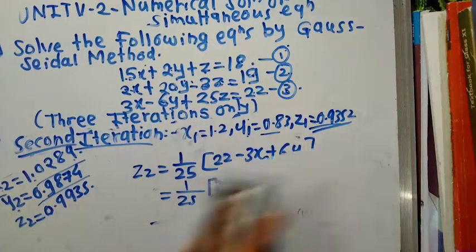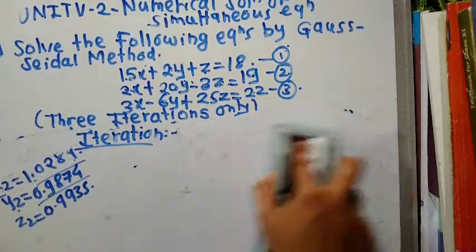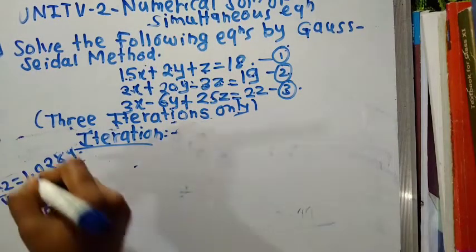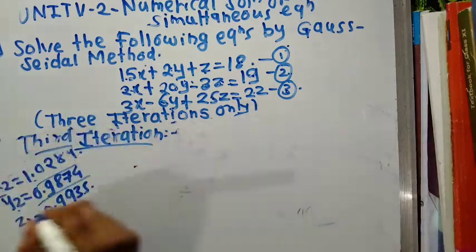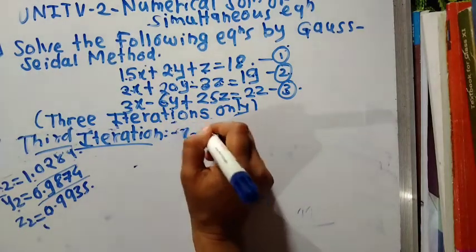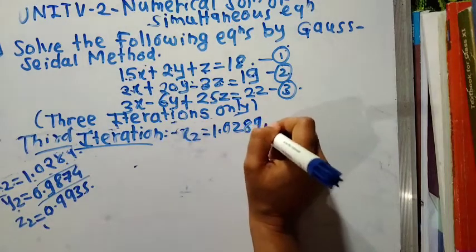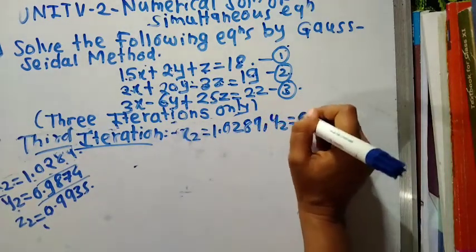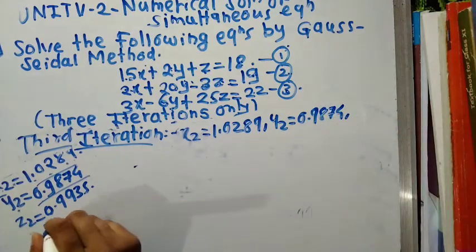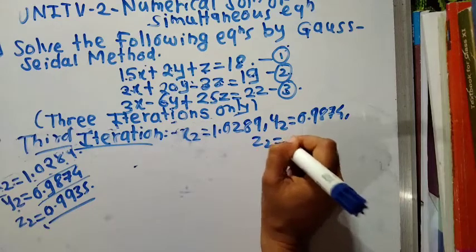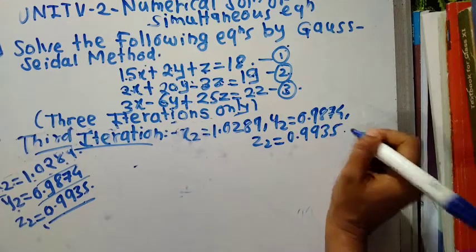So from this find out third iteration. From this, x2 is equal to 1.0289, y2 is 0.9874, and z2 is equal to 0.9935.